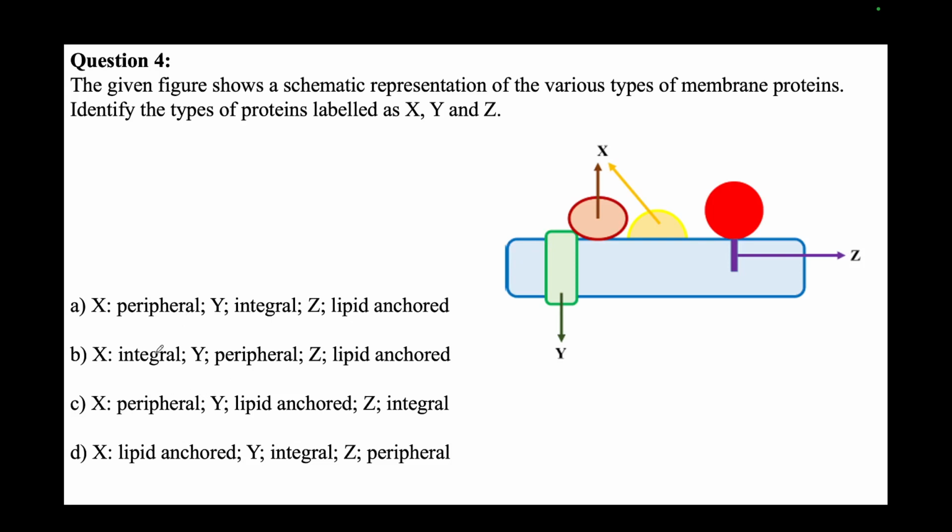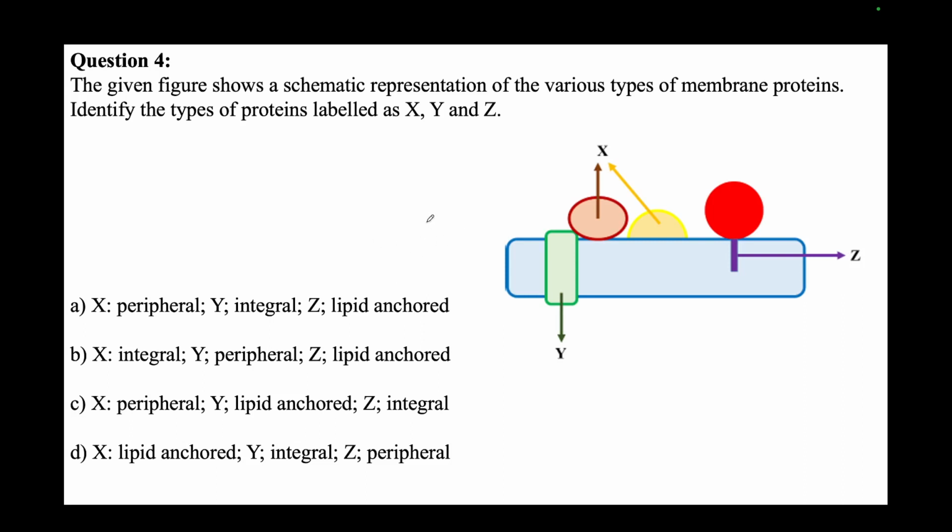B is X is integral, Y is peripheral and Z is lipid anchored. C is X is peripheral, Y is lipid anchored and Z is integral. And fourth is X is lipid anchored, Y is integral and Z is peripheral. So what would be the correct answer here?